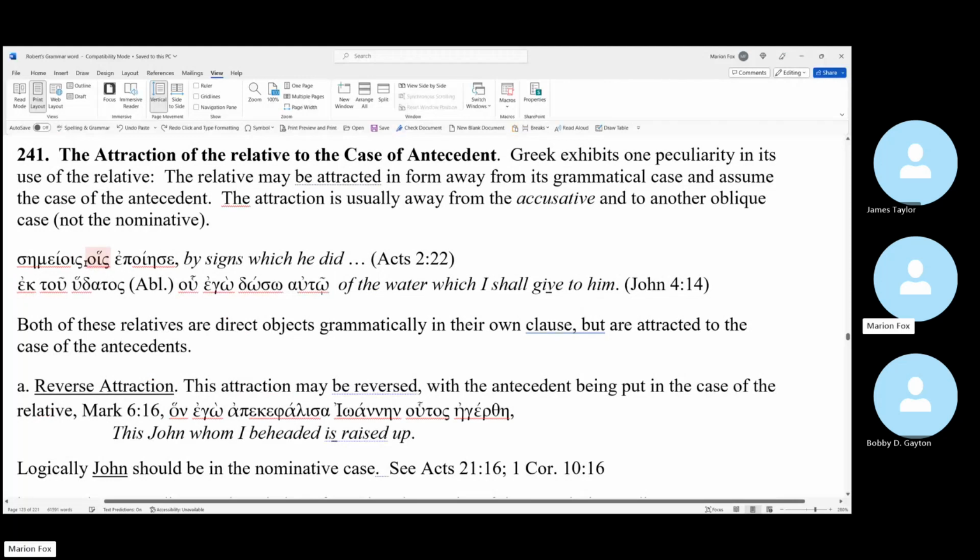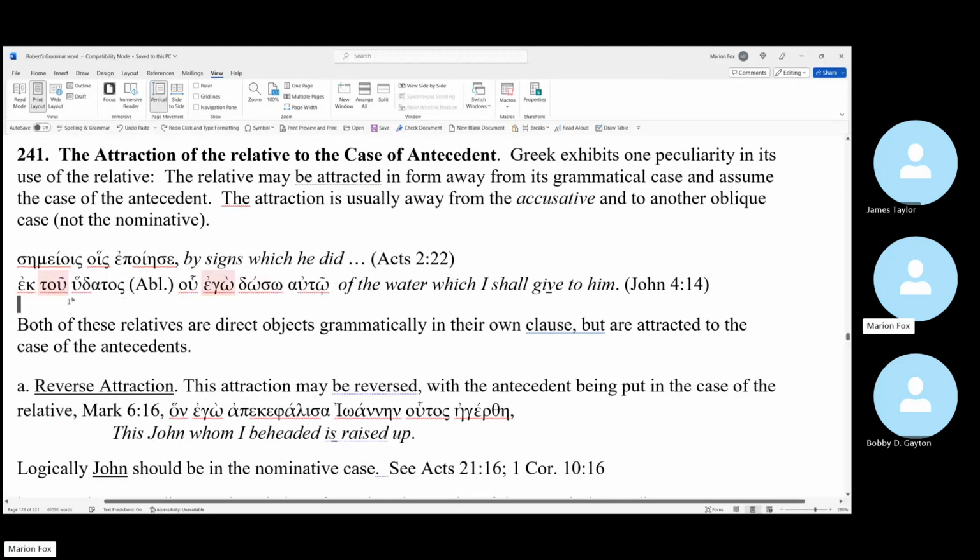Here in this case, these are both in the dative, instrumental, vocative form, and both of them are plural, and "which he did." This is, of course, past tense, aorist tense here. Okay, and that's Acts 2:22.